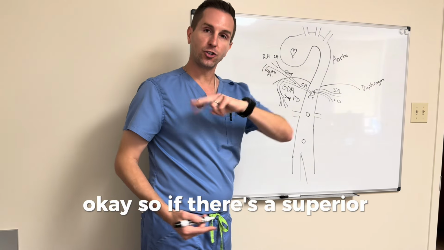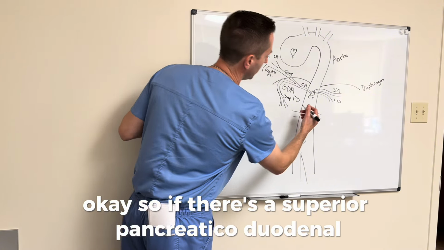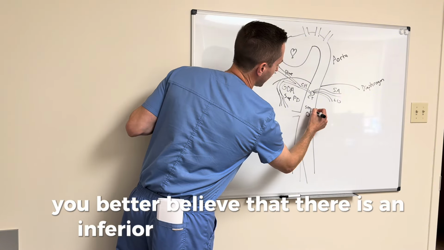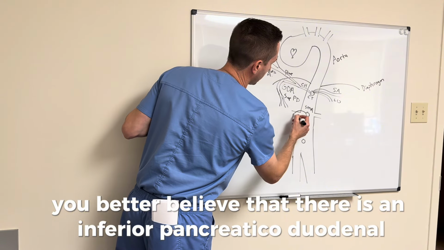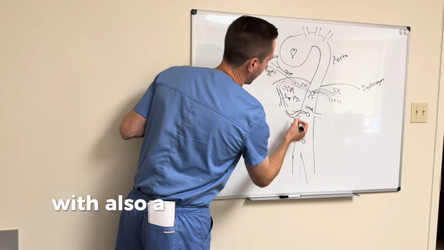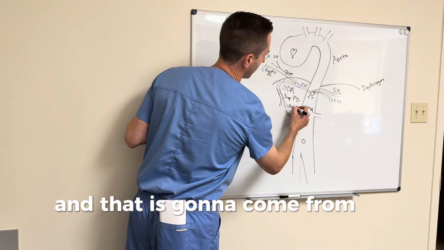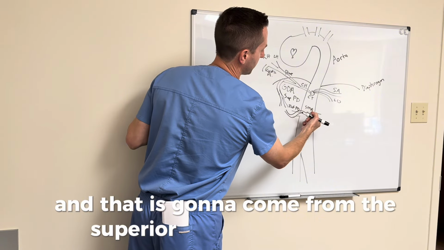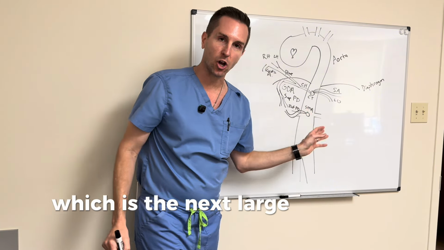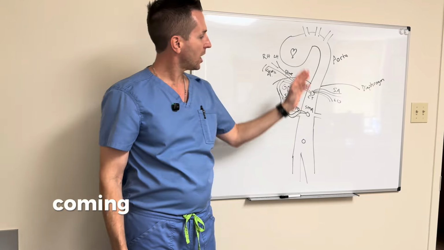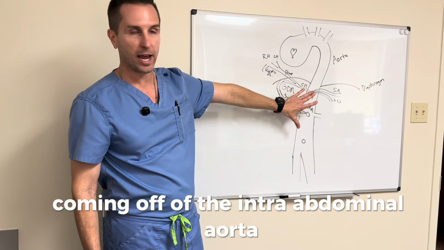So if there's a superior pancreatico-duodenal, you better believe that there is an inferior pancreatico-duodenal with also an anterior and posterior branch, and that is going to come from the superior mesenteric artery, which is the next large truncated vessel coming off of the intra-abdominal aorta.